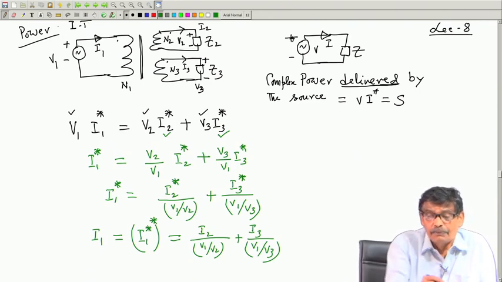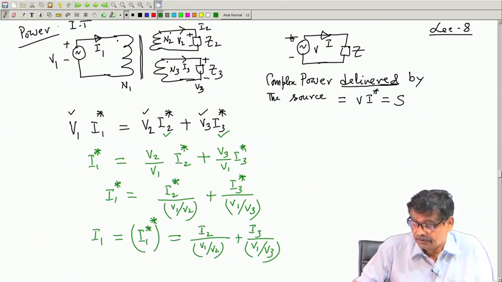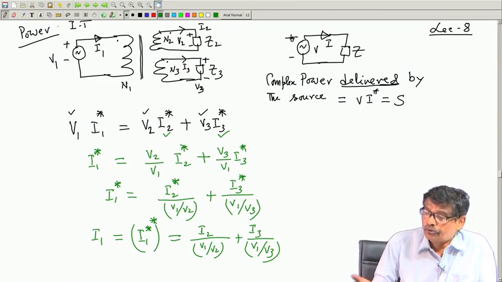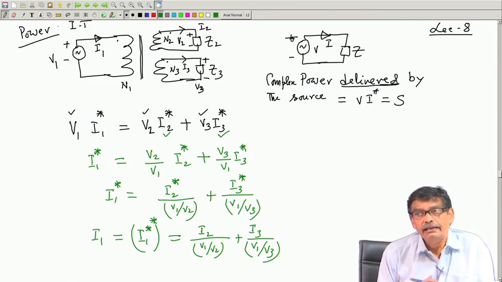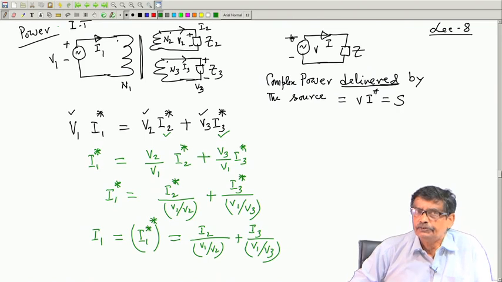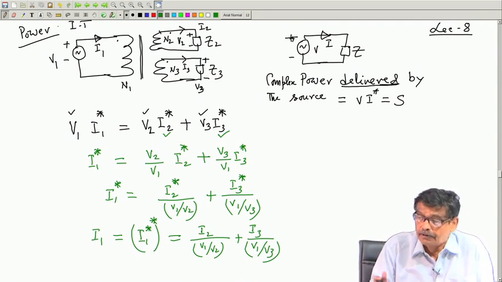So, an ideal transformer is otherwise so simple to handle, that is what I want to point out. And in one stroke you will get both real and reactive power supplied by this source and this one. So, it is a very useful method. If you know that transformers are ideal, one way of calculating the currents is to apply this power balance.